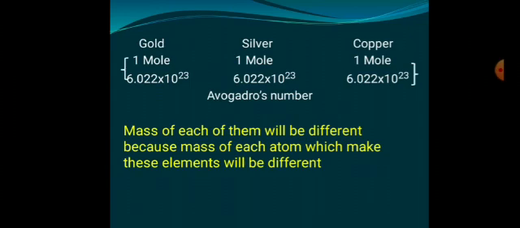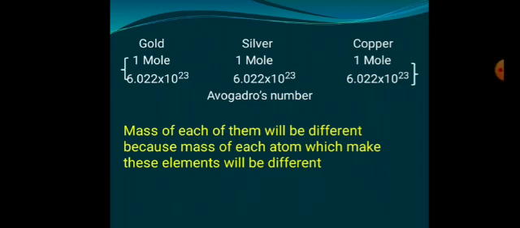Now let us take an example of three different elements: gold, silver and copper. 1 mole of each element is taken and all of them will have the same number of atoms in them, 6.022 multiplied by 10 raised to 23 atoms.